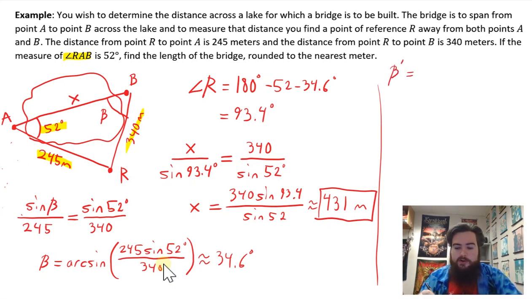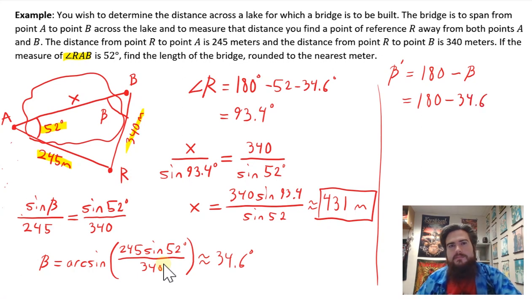Instead of what we have currently, it would be the supplement of beta, so 180 minus beta, or 180 minus 34.6. That would give us an angle measure of 145.4 degrees. That would be the other possibility for beta.